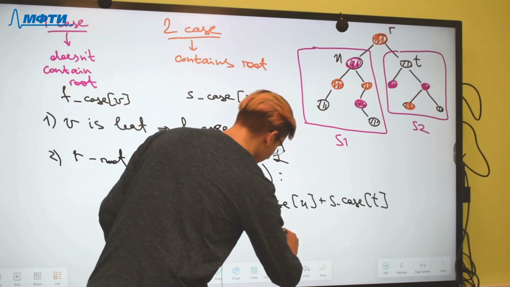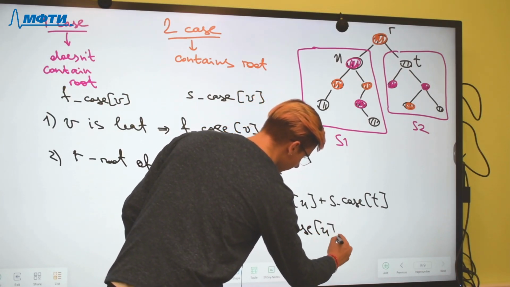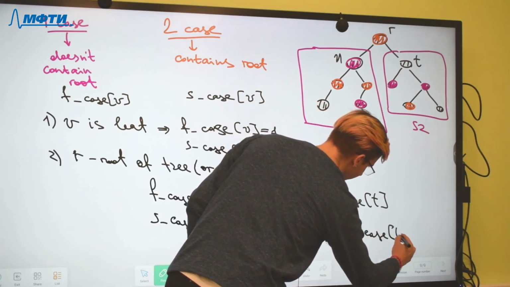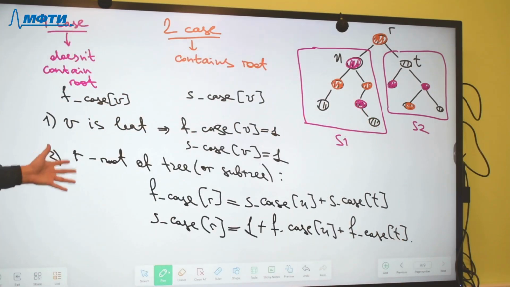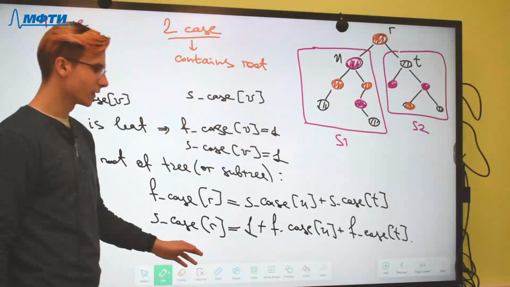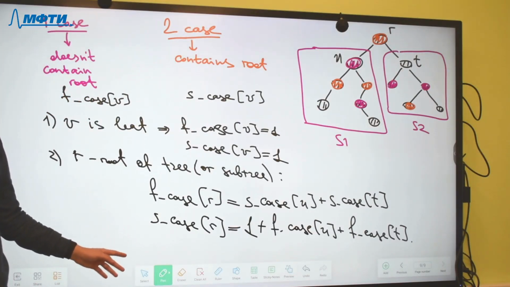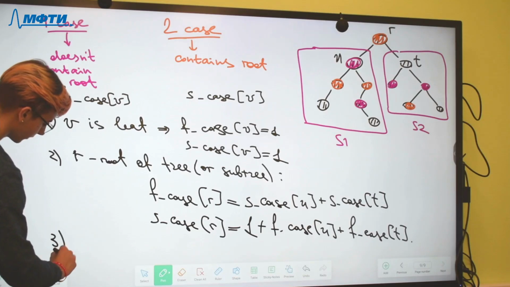So the first case was O, the first case was T. And that's a recursive formula for computing these two arrays.